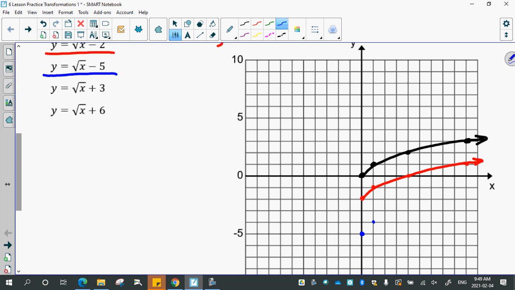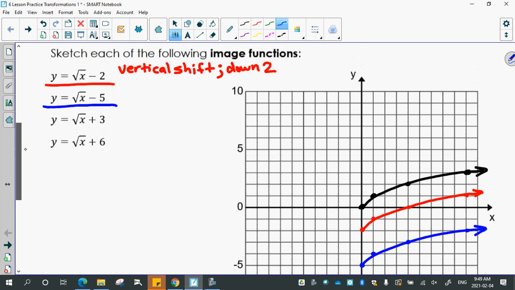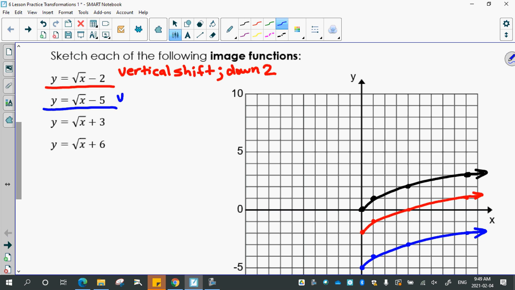So over 1 up 1, over 3 up 1, over 5 up 1. And that transformation again is going to be called a vertical shift. But this time, specifically, after the semicolon, down 5.